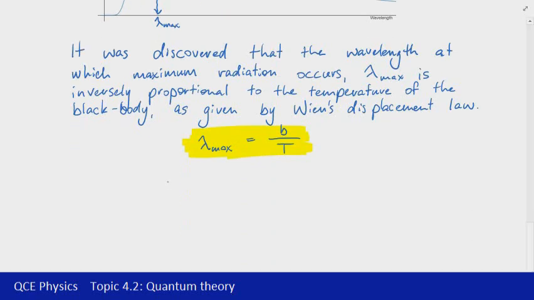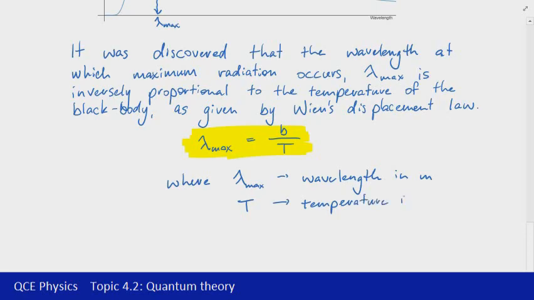And we've already identified what lambda max is. So that's the wavelength in meters. T is the temperature in degrees Kelvin. And the value of B is known as Wien's displacement constant.